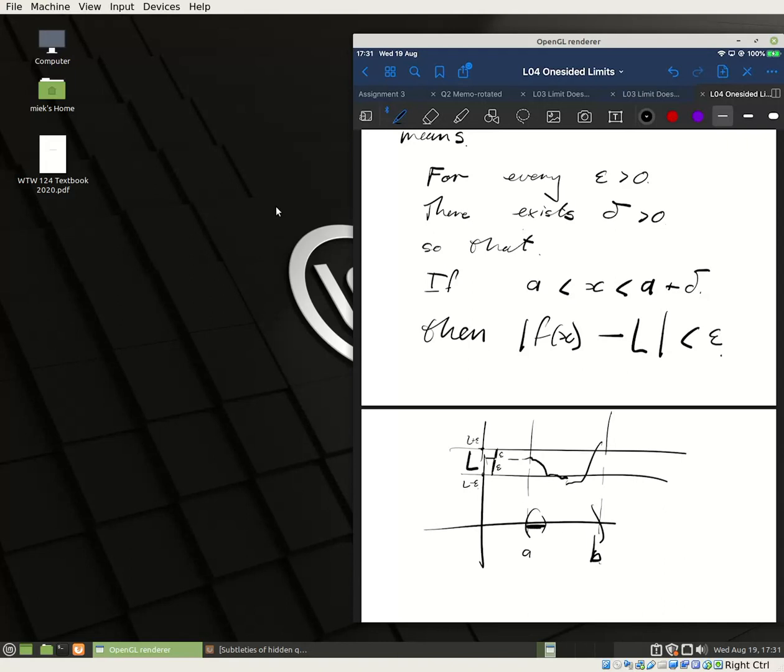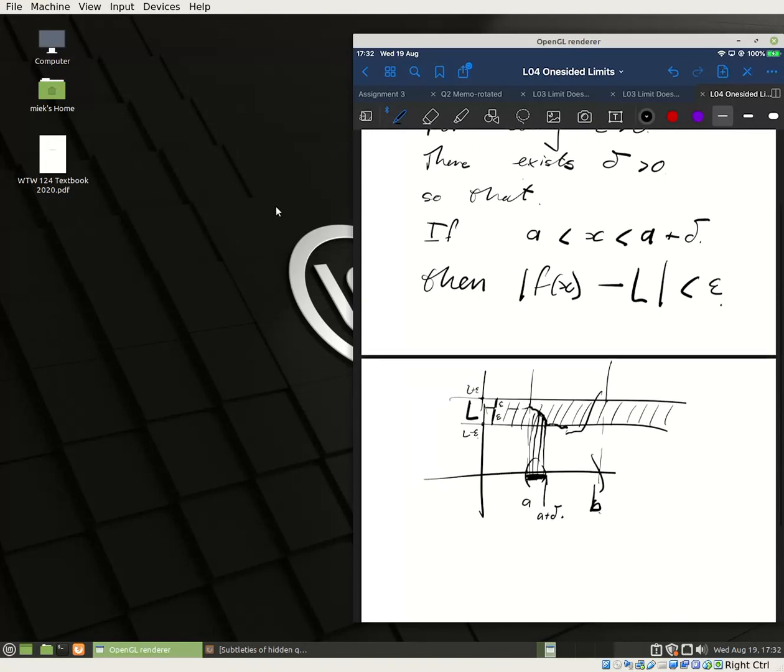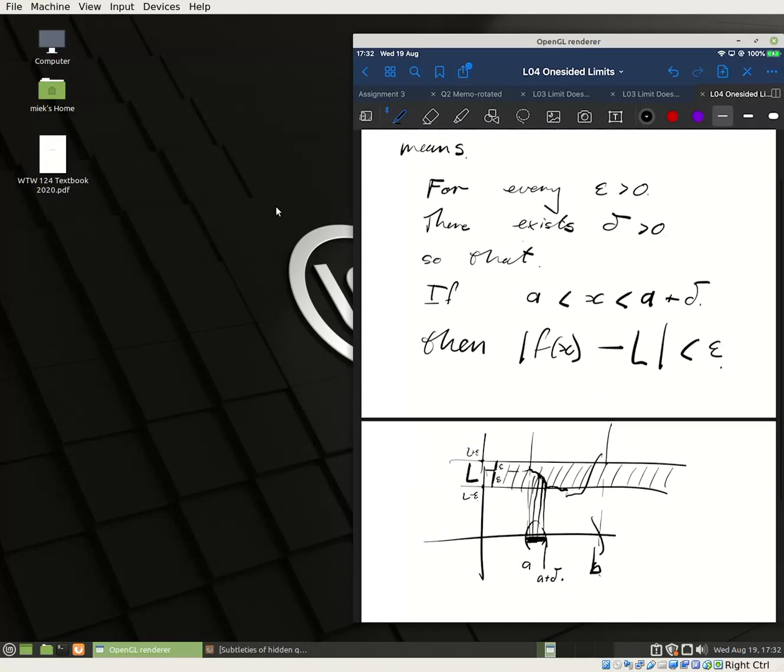so that if you are in this interval from a to a plus delta, then all the function values are within an epsilon distance of L, meaning all the function values lie within this strip of radius epsilon around L. So that is for a right limit.